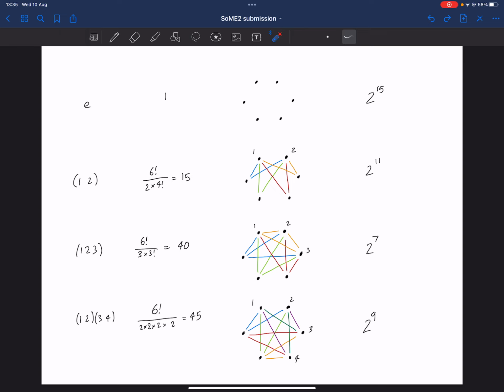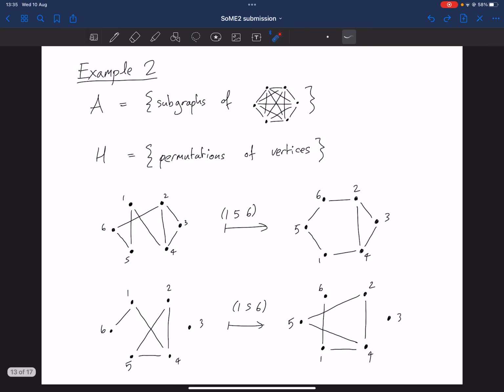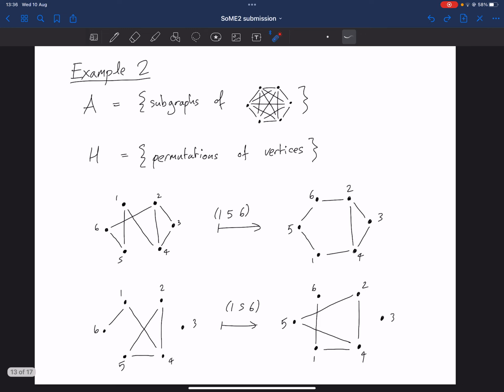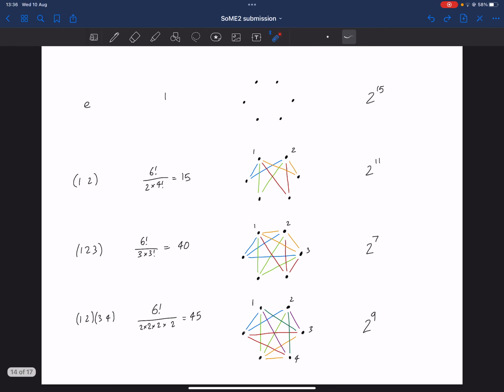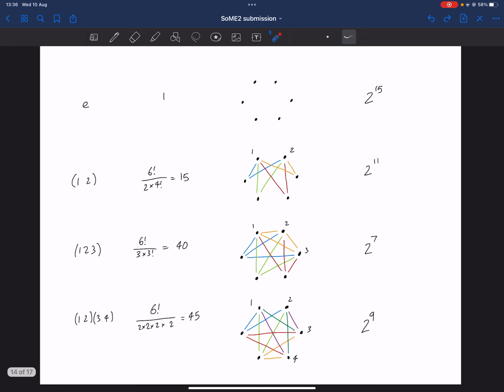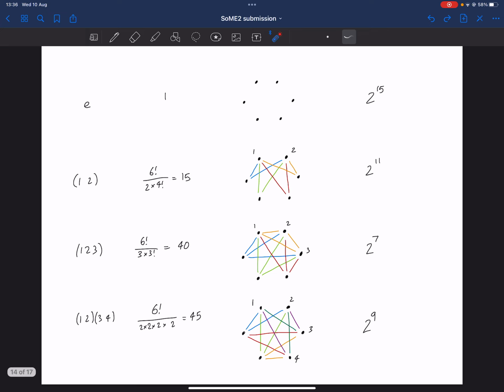And now we can go through all of the possible elements of H, all the possible permutations of the vertices. We are going to calculate the number of permutations that act in the same way. I realise that's not very precise. It can be made more precise.